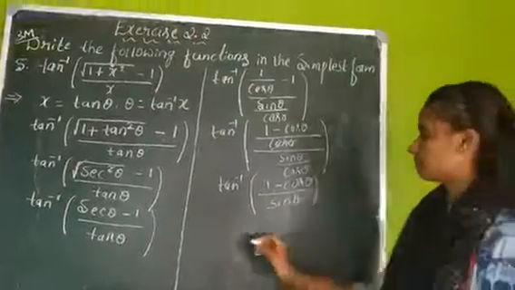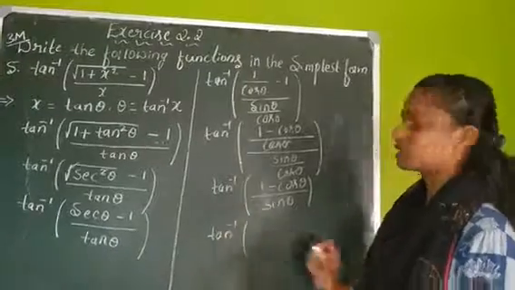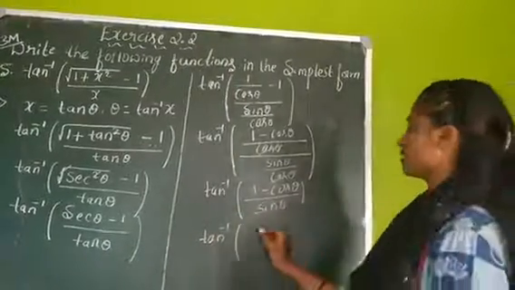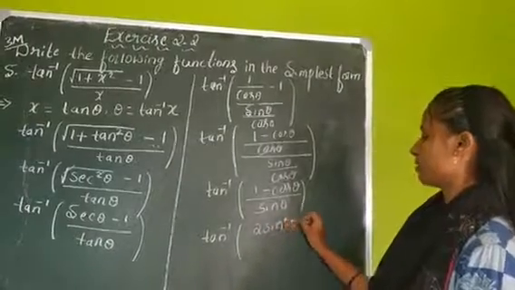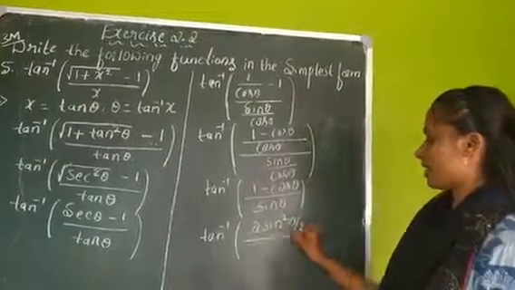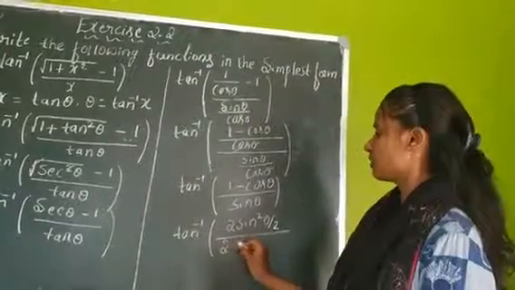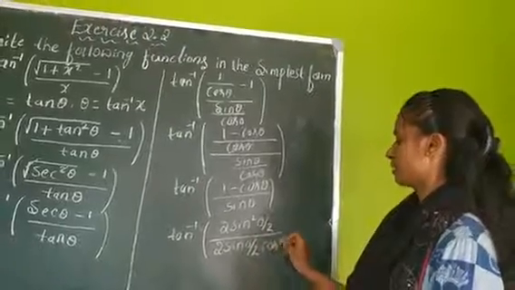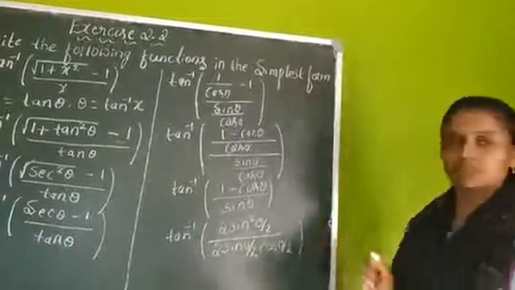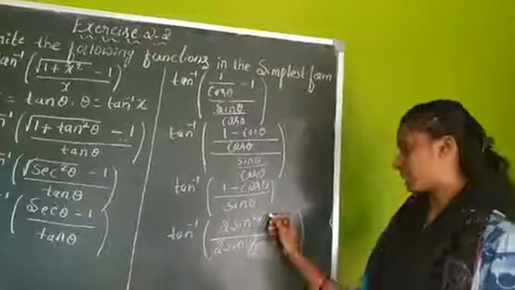Now I'll make use of the formulas again. 1 minus cos theta can be written as 2 sin square theta by 2, divided by sin theta, which can be written as 2 times sin theta by 2 cos theta by 2. This is what the formula is. Now 2 gets cancelled and 1 sin gets cancelled.